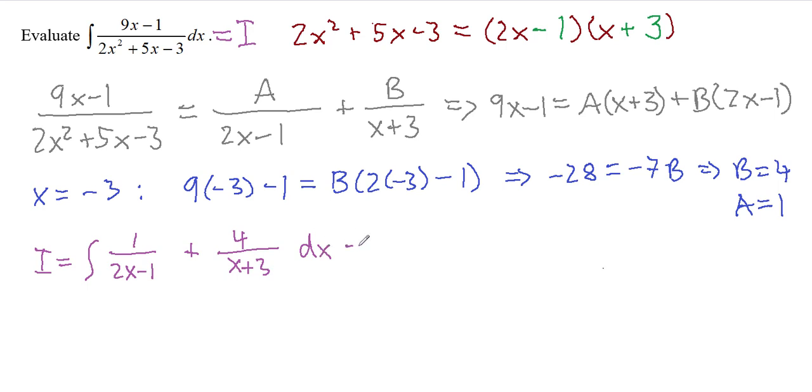And we can see that this is readily integrable, and so our result will be the natural logarithm of the absolute value of 2x minus 1 as the antiderivative of the first term, but by the chain rule we also need to now multiply this by a half, plus similarly 4 times the natural logarithm of the absolute value of x plus 3.